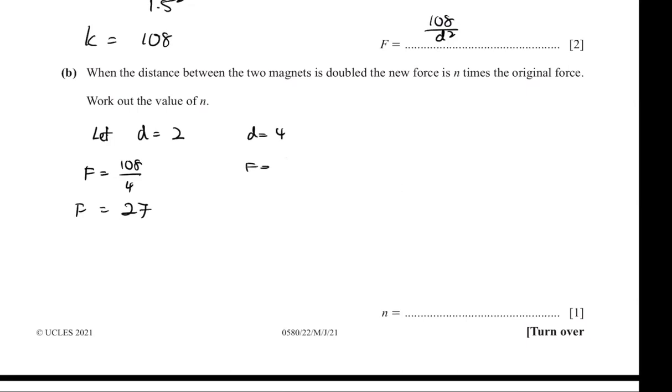F is equal to 108 over 4 squared, 108 divided by 16. So how many times? 6.75 divided by 27 is equal to N. N is equal to 0.25. Because they say that the distance is doubled. So double is shown here.